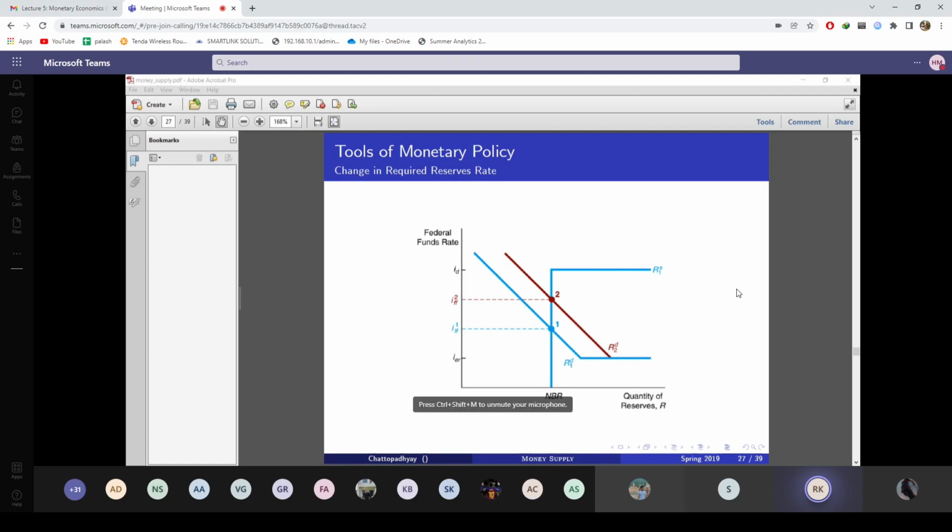For simplicity, you can assume there is no currency deposit ratio and no excess reserves to deposit ratio, so CR equals ER equals 0.